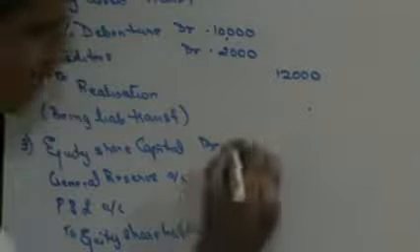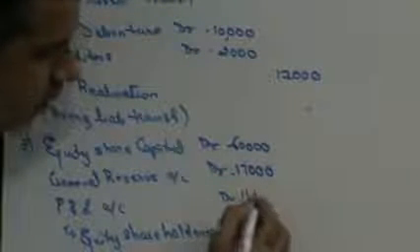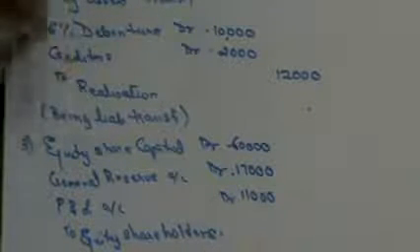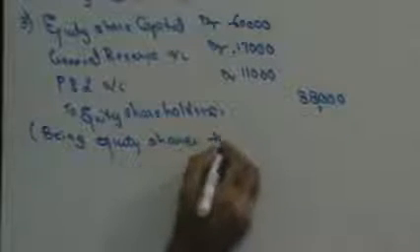Equity share capital is 60,000. Then you have general reserve 17,000. P&L is 11,000. 60, 70, 80, 88,000. Being equity shares transferred.